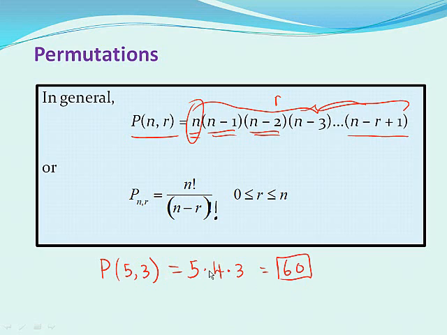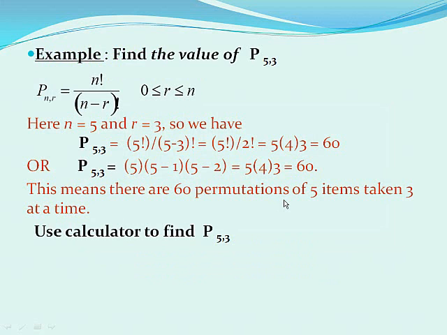This is another way of writing that. The number of permutations of n objects taken R at a time is equal to factorial n divided by factorial n minus r, where r is something between 0 and n. Find the value of P5, 3.